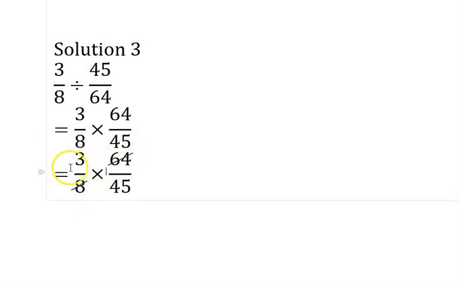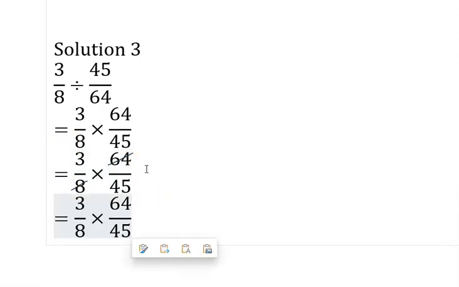That means we are left with 3 over 1 here, and we have 8 up here because we have cut it out. Awesome. So is there any number that can cut again? Okay, 3 can still go in 45.